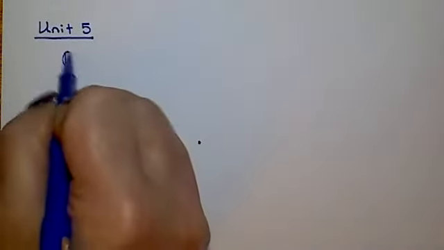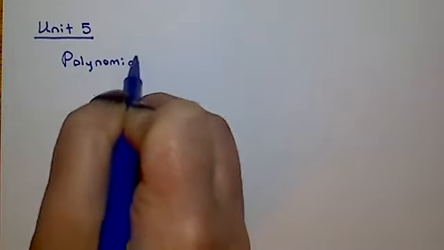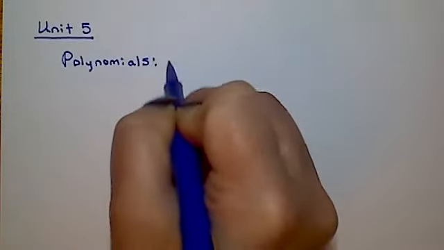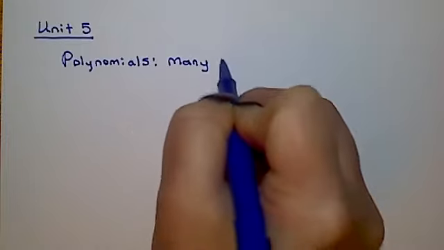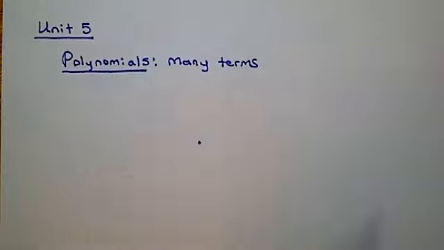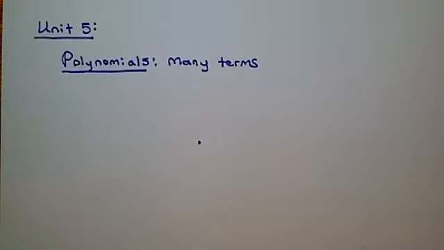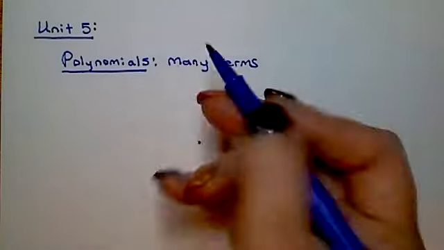So first of all, when you deal with a polynomial, that means that you have many terms, okay? So when you think about it, a term is going to be a number and a variable put together with multiplication.